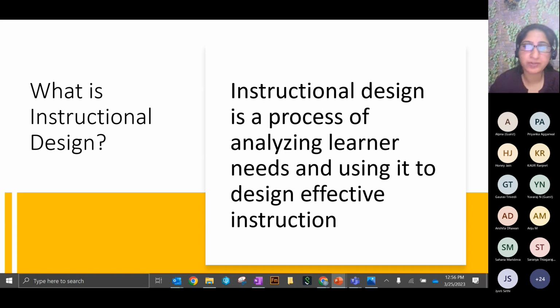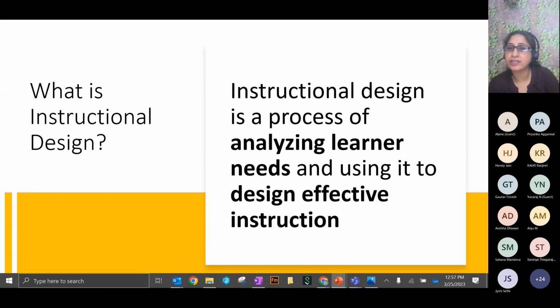For now, let's get back to this definition of instructional design being a process of analyzing learner needs and using it to design effective instruction. So what is important here is analyzing the learner needs and designing effective instruction. When you talk about e-learning, e-learning is electronic learning.